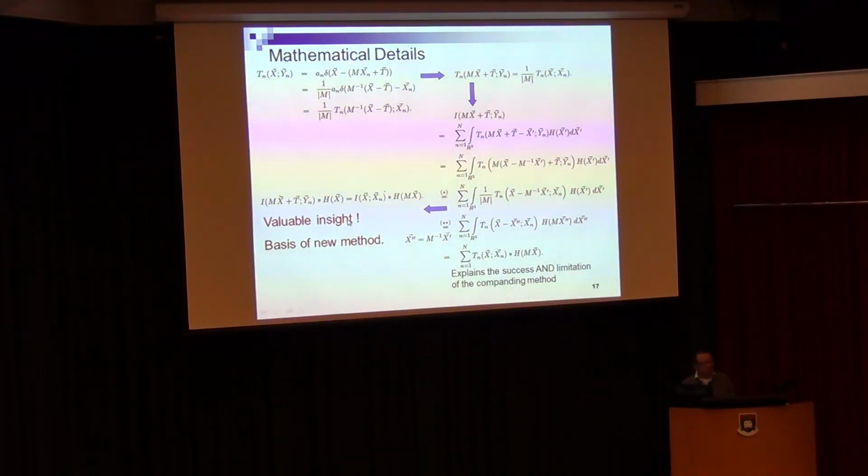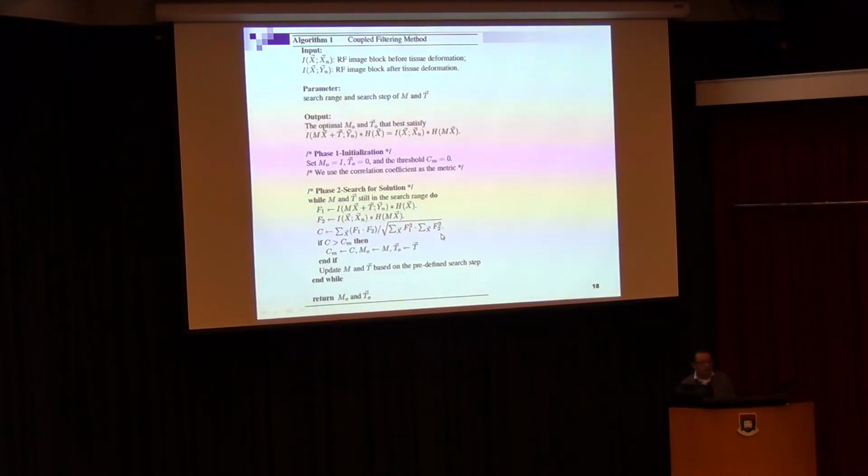And actually, this is the basis for our coupled filtering method. So the remaining issue is how to find an M that can make this happen. The algorithm itself is just a brute force search.